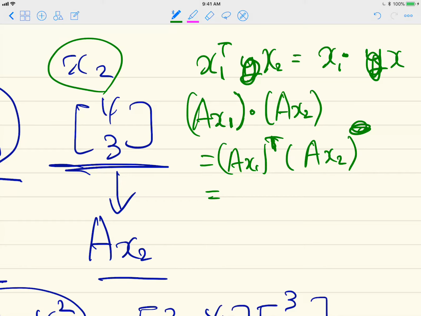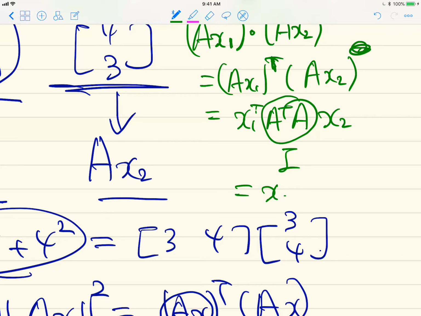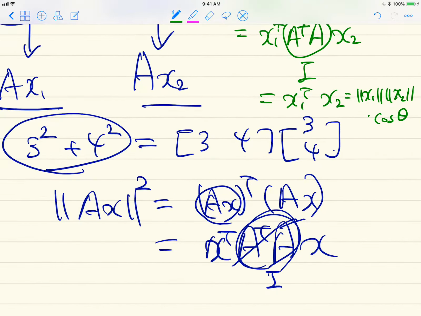And then we do the same trick here: x1 transpose, A transpose, A, and x2, right? And then we obtain identity here, and then x1 transpose x2, right? And thus the inner product is preserved, right? And then the inner product is represented as what? The length of x1, length of x2 times cosine theta, right?